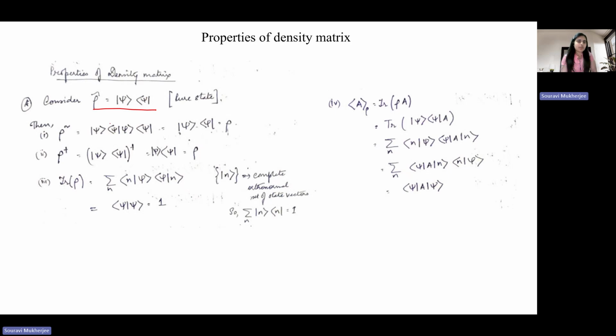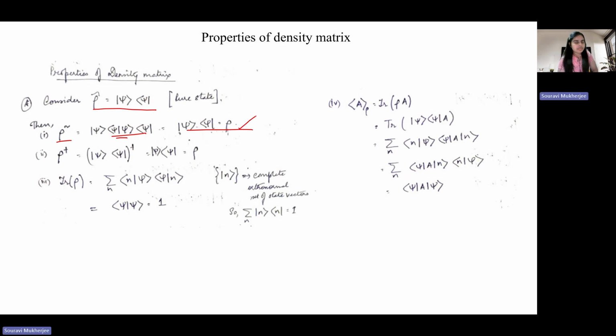Now there are some interesting properties of the density matrix. If you now do rho squared, the square of the density matrix, you can write it as something like this. For a normalized state vector, the inner product of psi with itself gives you 1, so you get back the same expression, rho.